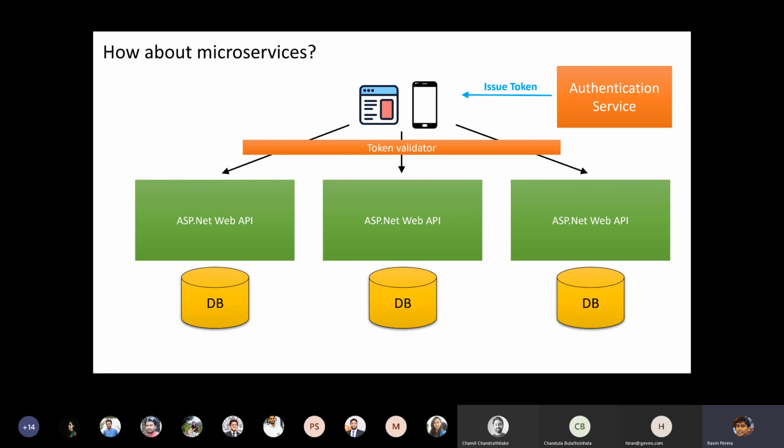So we can make this common too, by moving it to a separate layer through which all the requests will flow to all of these APIs behind it. This way, we have separated out all the authentication logic into two different entities called the authentication service and the token validator.